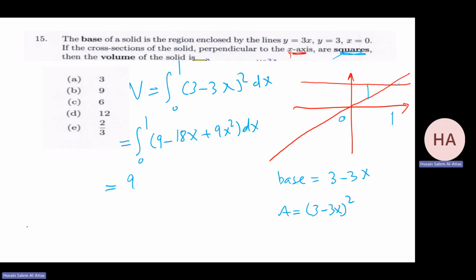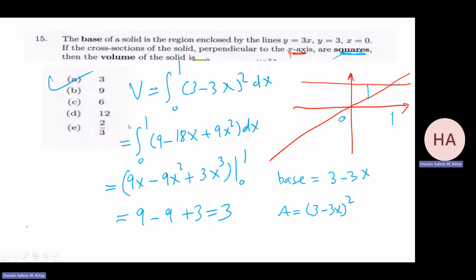That will make it 9x minus 9x squared plus 3x cubed from 0 to 1. Yeah, correct? Yeah. That will be 9 minus 9 plus 3, which is 3, and this is my answer.